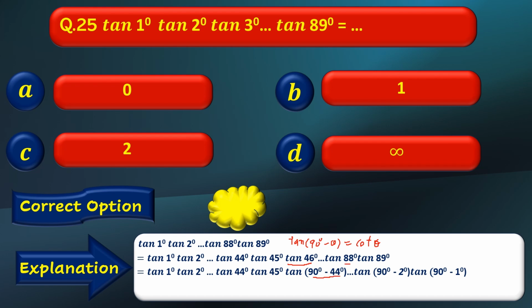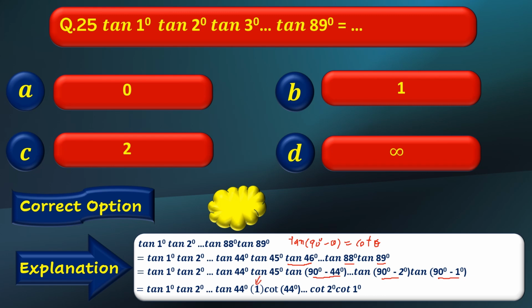Similarly, 88 has been written as 90 degree minus 2 degree, and 89 degrees has been written as 90 degree minus 1 degree. So we apply the rule and we get the expression tangent 1 degree, tangent 2 degree into tangent 45 degree. The value of tan 45 is 1.